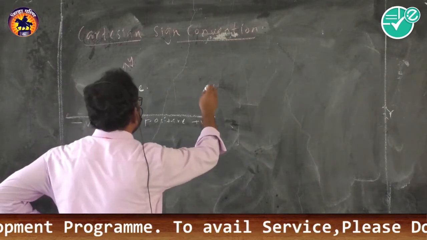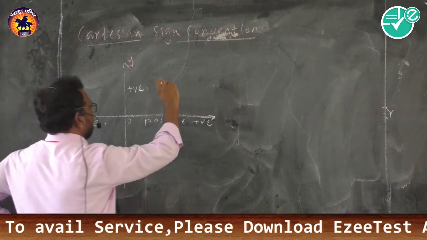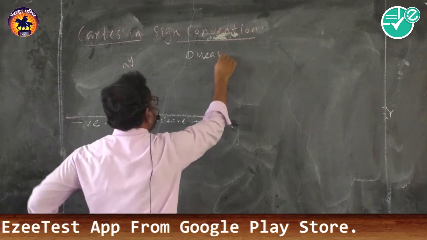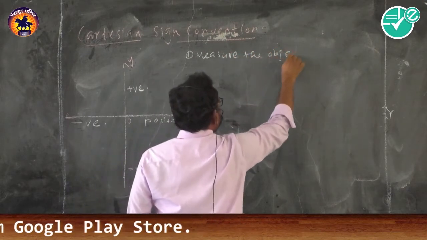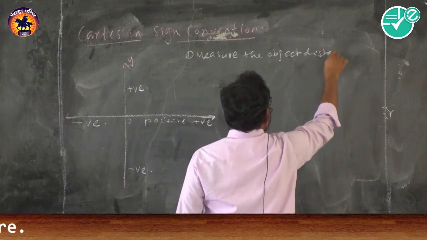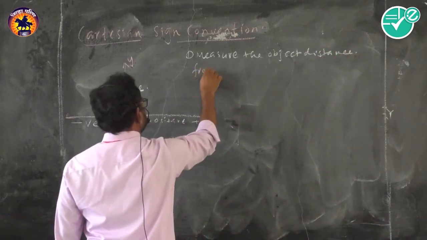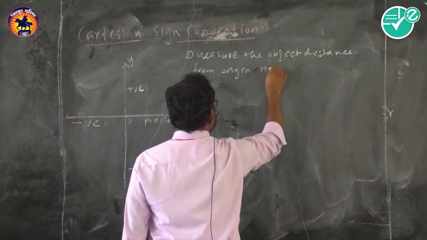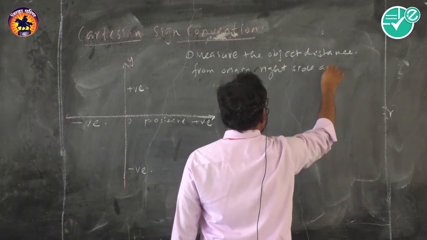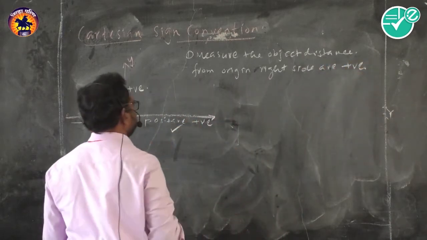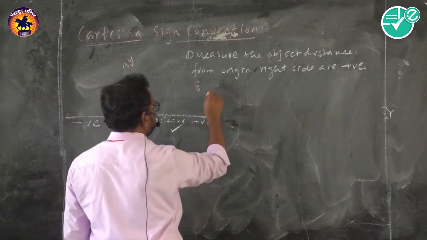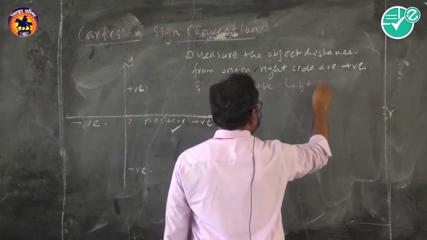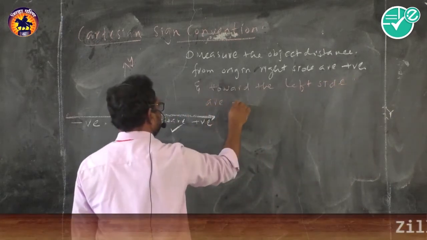We usually measure the object distance from the origin. Distances towards the right side are positive, and towards the left side are negative.